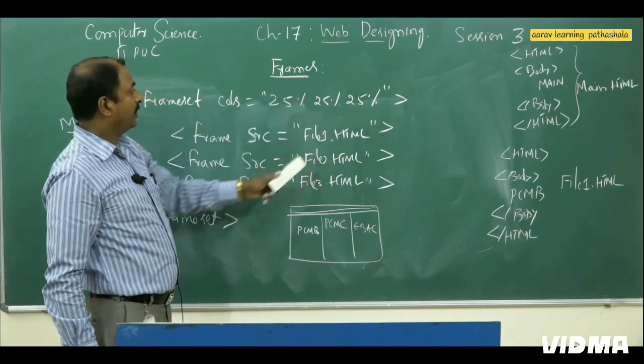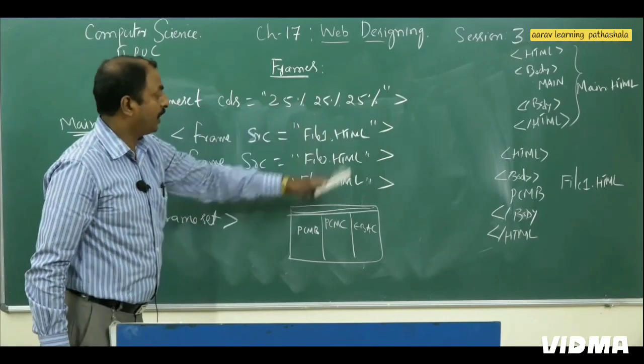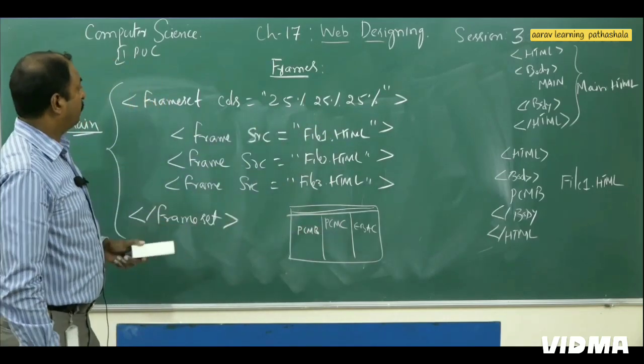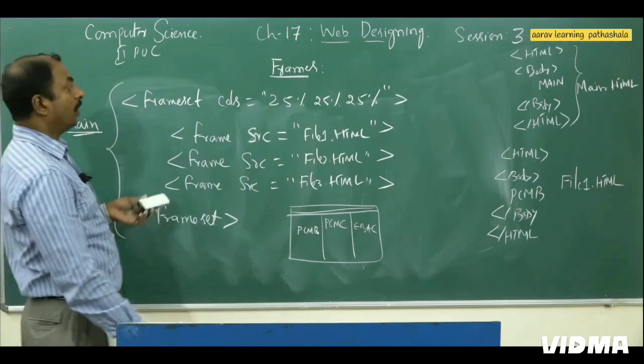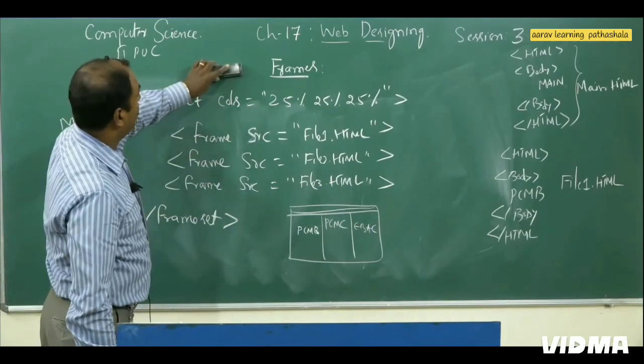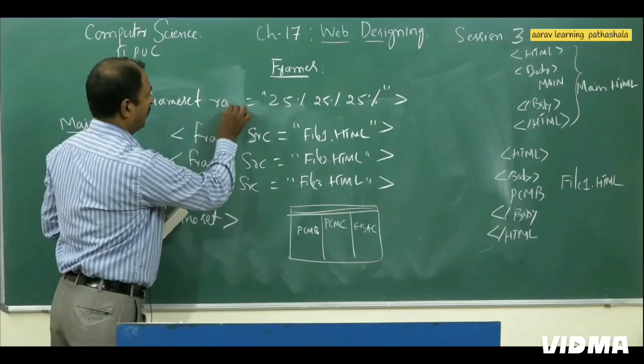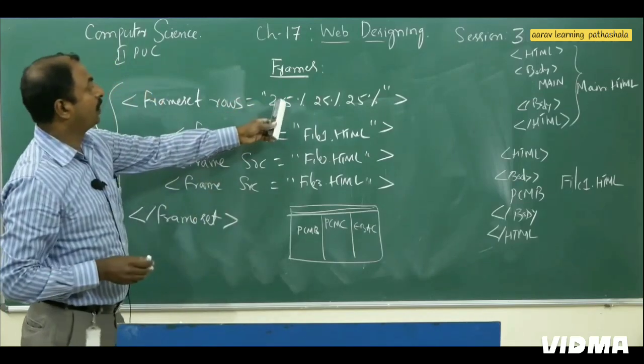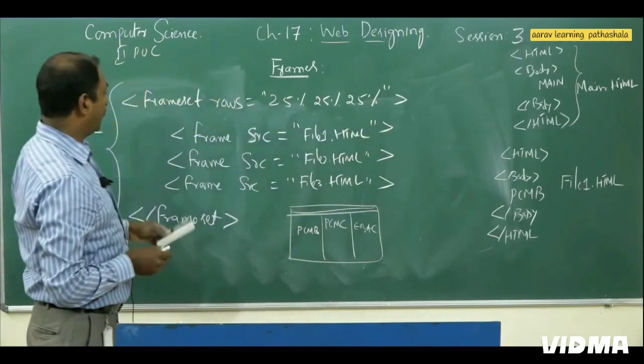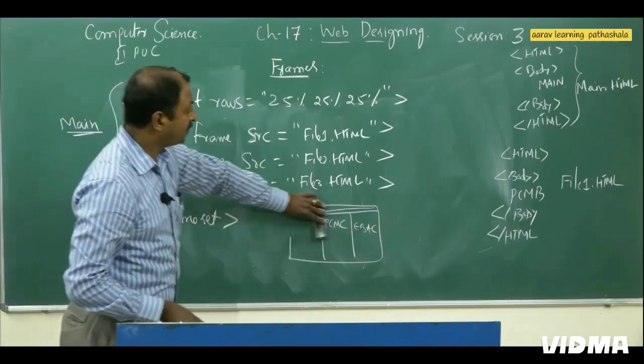So normally, this is going to divide into three columns. Similarly, suppose I want to divide this into a number of rows, I will modify this frameset: rows equals 25, 25, 25. And here, what would be the output of this?